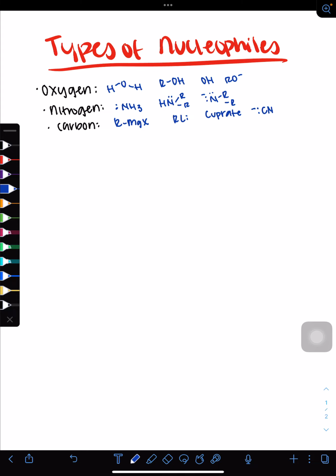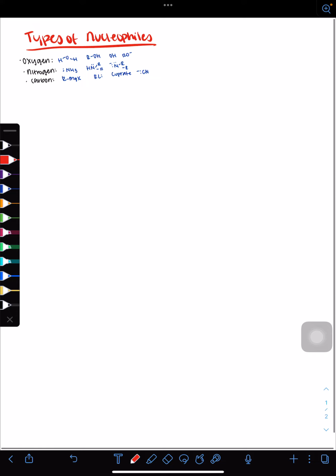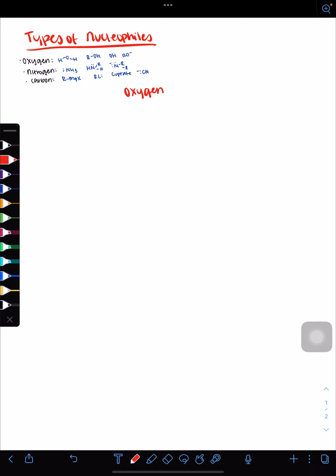So first we're going to go with the oxygen nucleophiles' reaction with carbonyls. So I'll just put oxygen with carbonyls.